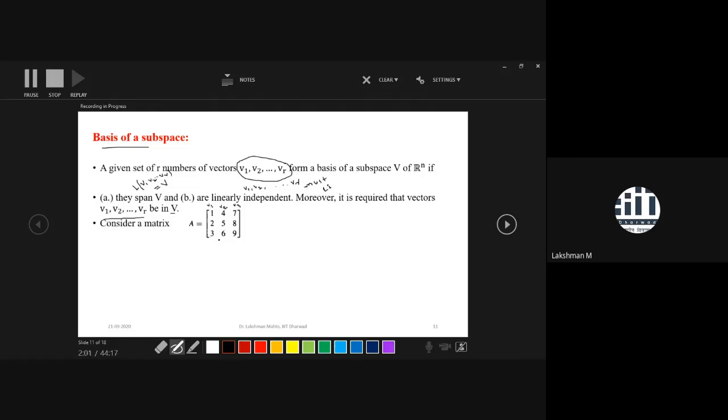So here, with respect to this matrix, we have two subspaces. One is the kernel of A, another is the image of A. Those criteria we will look into.